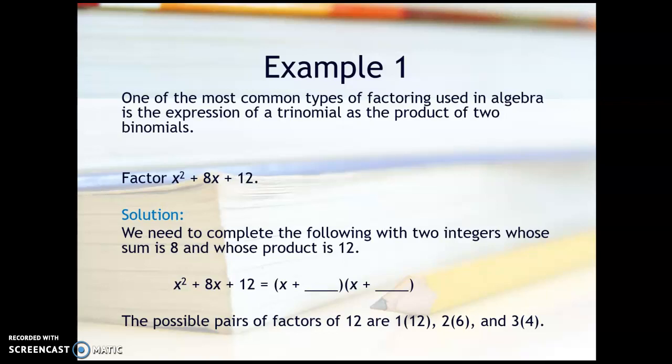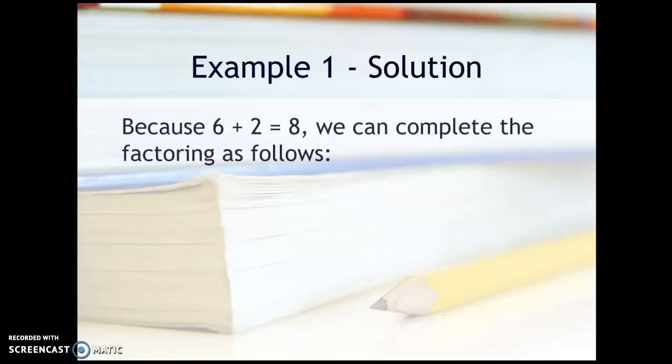Therefore, the correct values that we will put last in our binomials must be 2 and 6, because they're the only pair of factors of 12 that add up to 8. Okay, now you can always refoil this or use the rectangle method to multiply these binomials to make sure that they do in fact equal the trinomial we started with.